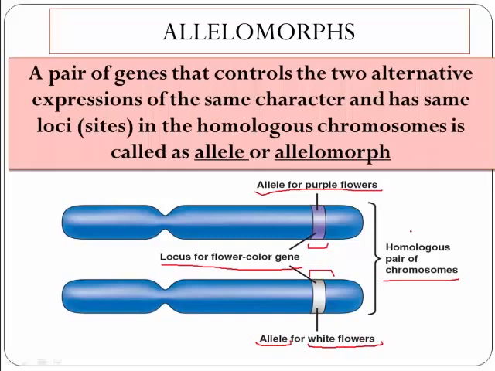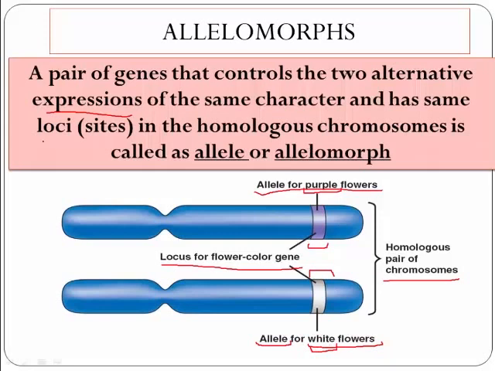So, they are a pair of genes that control the two alternative expressions of the same character. What are the two alternative expressions here? In one case the flower is purple colored and in the second case the flower is white colored.